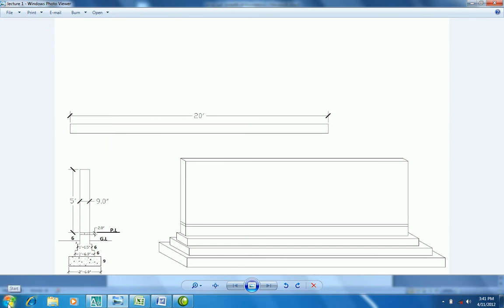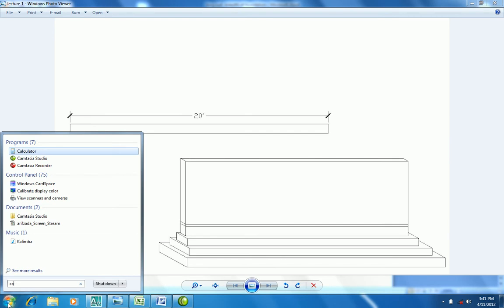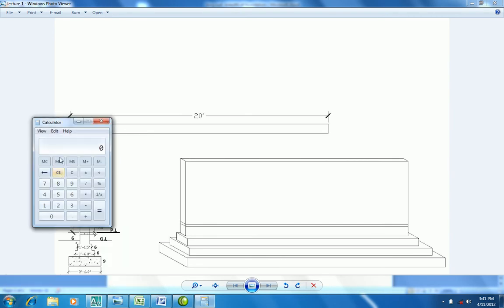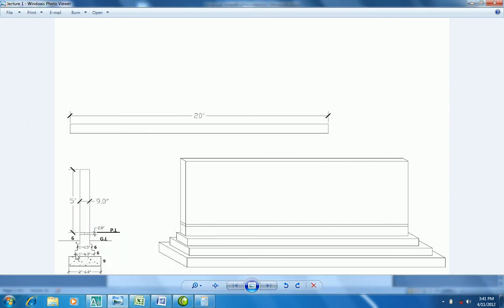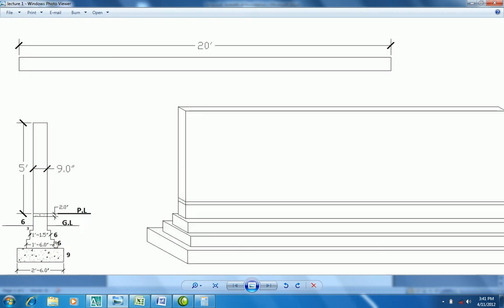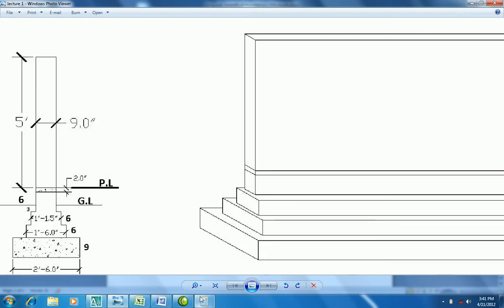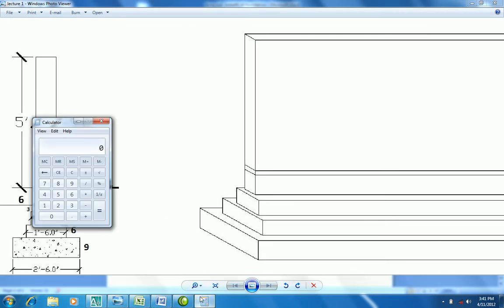I'm going to open a calculator. The breadth of the foundation with us is 2 feet and 6 inches. First I convert inches into feet: 6 divided by 12, because in 1 foot we have 12 inches.